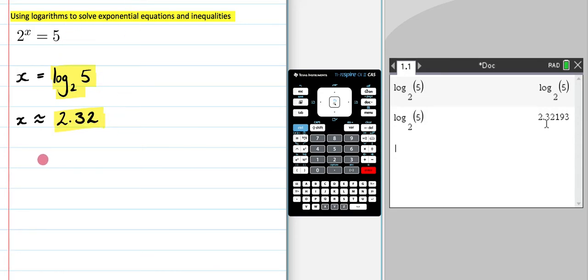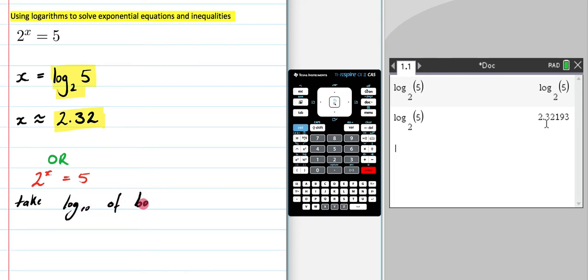But before we go on, I want to show you another way of answering this. So I'm putting an or to show you this is just another way of approaching it. So I'm going to rewrite our question, which is 2 raised to the x equals 5. That's an ugly x. Now, another way we could answer this question is by saying, all right, I'm going to take log base 10 of both sides.